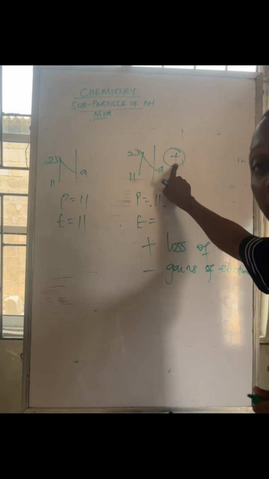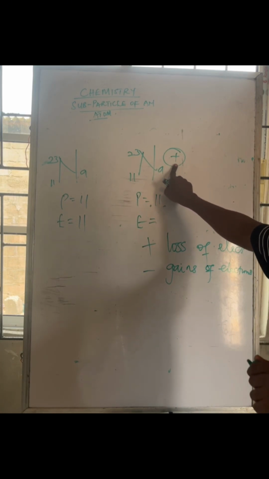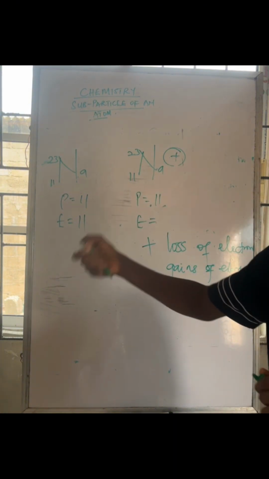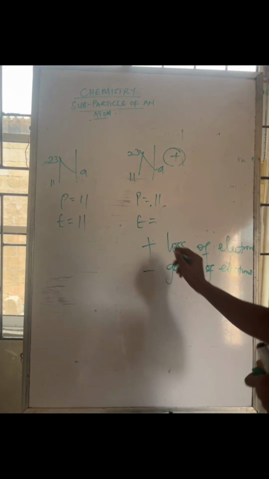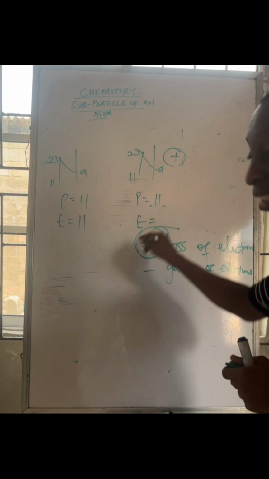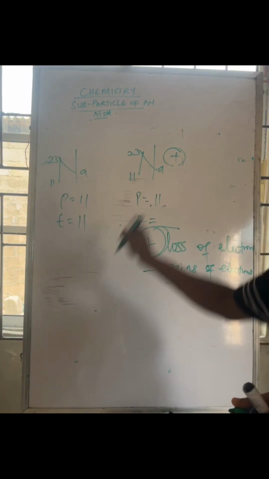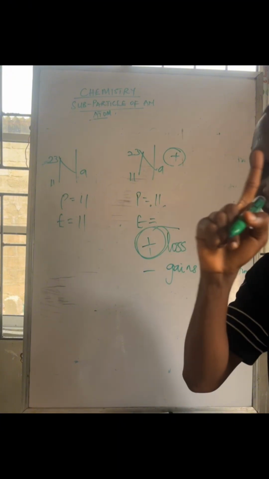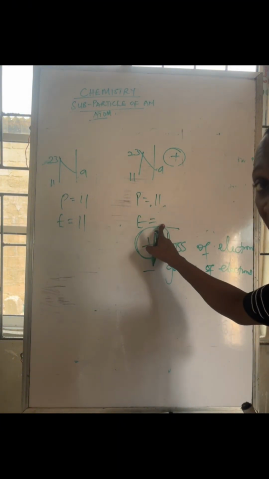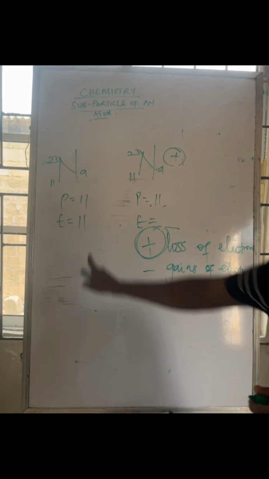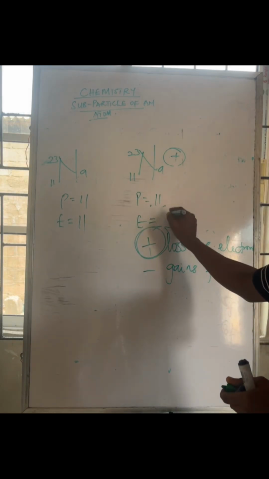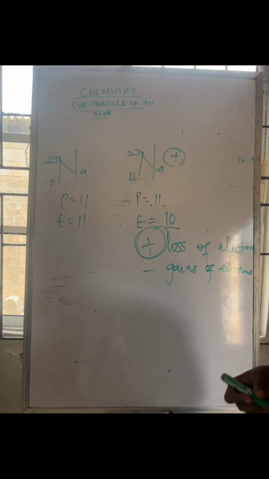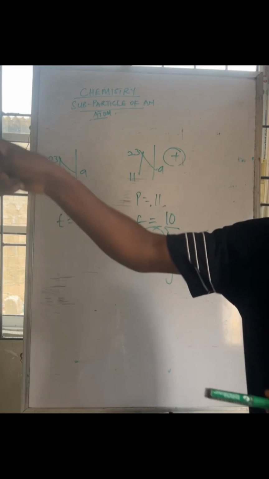This is a cation, a positively charged ion. Simple. Now, because it is positively charged, that tells you that the atom of this element has lost one electron, making the number of electrons reduced by 1. Instead of 11, the number of electrons has gone down to 10 because 1 electron has been lost.